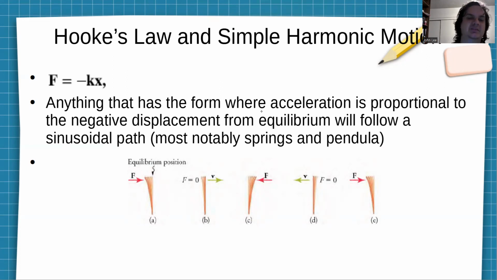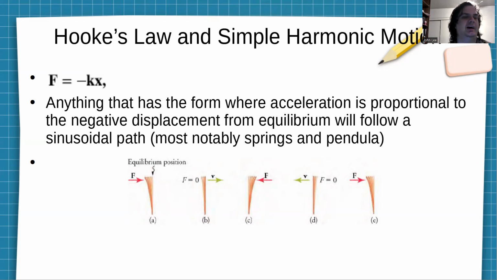So what happens? I'm not going to draw the sinusoidal function. I can, but what happens more conceptually, because this is a conceptual physics class, is that say for this example you have a little whisk or something that obeys Hooke's law, F equals negative kx.